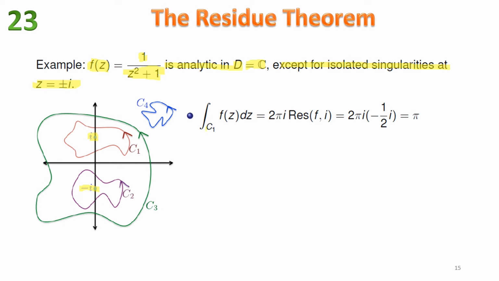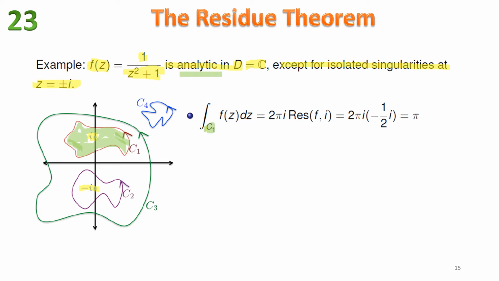Now, in the first case, I shall talk about the contour C1, and the region inside C1 I shall try to fill with some color. Except for that isolated singularity at plus i, every point within the contour C1 obeys the function being analytic.